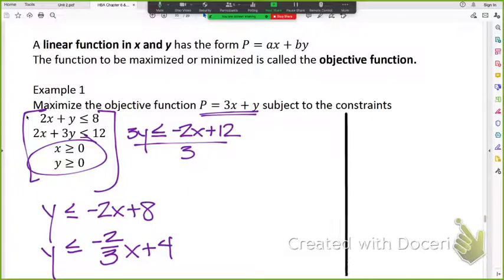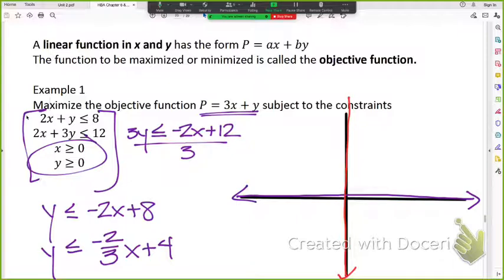All right. Very basic graphing here. A lot of these, you're going to see x is greater than 0 and y is greater than 0 because in real life, whatever those represent, you can't have negative things that you're manufacturing or negative prices. So a lot of times you're going to see x is greater than or equal to 0 and y is greater than or equal to 0.